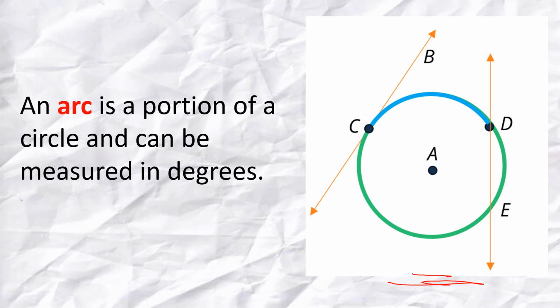In this circle figure, arc CD is a minor arc, while arc CED is a major arc. The measure of an arc equivalent to one full circle is 360 degrees.